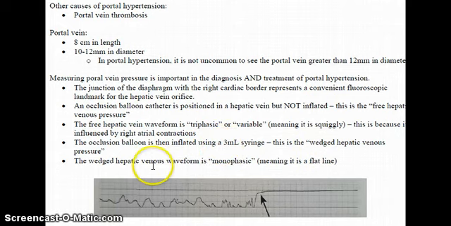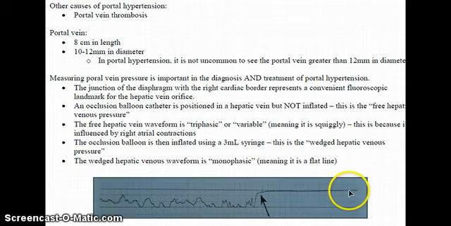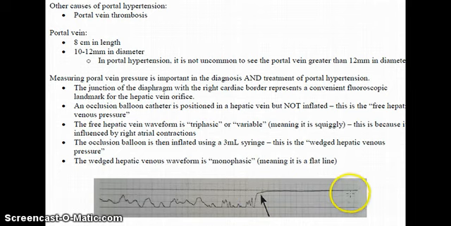The wedged hepatic venous pressure is monophasic, meaning it's a flat line, and what that is actually measuring is the portal pressure when the balloon is inflated. So this is representing free hepatic vein pressure, and when the balloon is inflated, that is representing the wedged pressure, which is ultimately measuring the portal vein pressure.